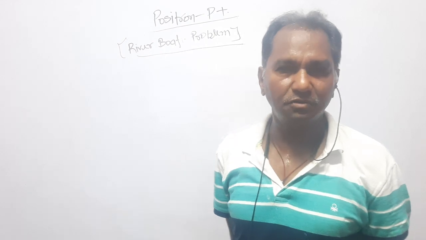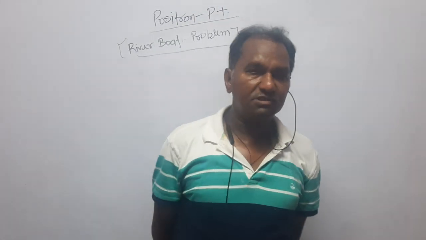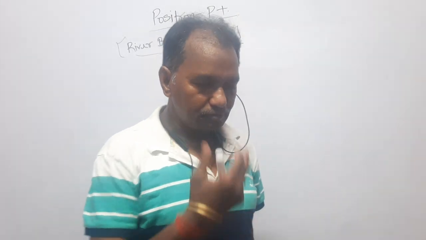These are part of relative velocity in two dimensions. I discussed the articles related to the river boat problem in the last video. So today, on those topics, we will solve some very important and famous problems that might be asked in many examinations, that are part of many examination papers.